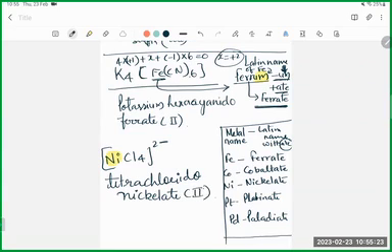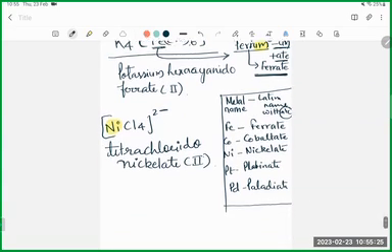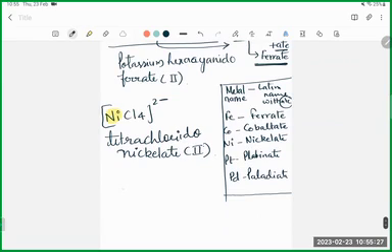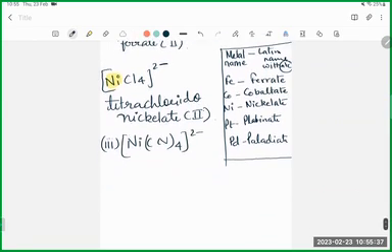Did you understand? Yes. Will you do some examples by yourself? Yes. So do this one first: [Ni(CN)4]2-. Do this one by yourself.